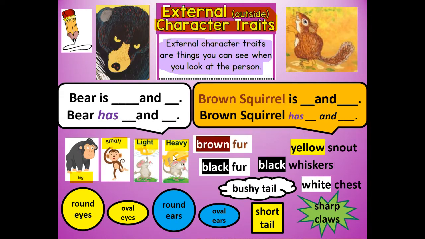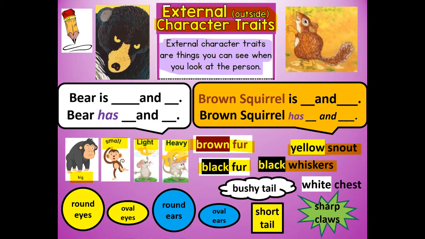Now we have brown squirrel has blank and blank. Does brown squirrel have brown fur or black fur? Brown squirrel has brown fur. So brown squirrel has brown fur and a yellow snout or black whiskers.